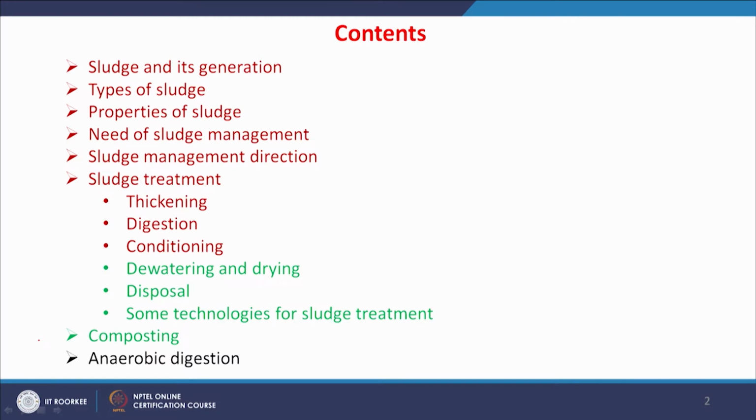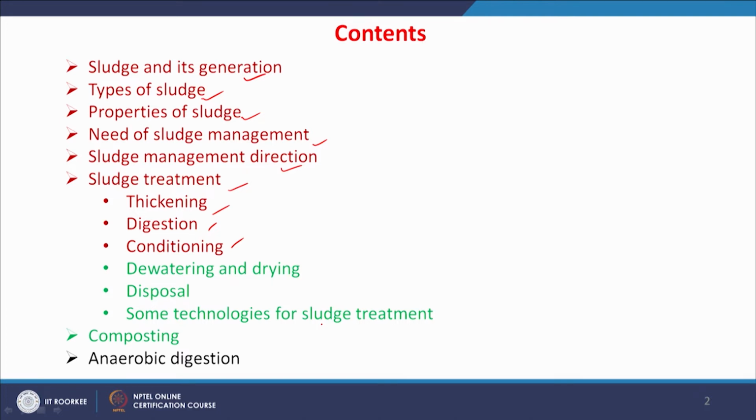In this class we will discuss sludge management, and we will have 3 classes on this topic. The contents are: sludge and its generation, types of sludge, properties of sludge, need of sludge management, sludge management direction, then sludge treatment, that includes thickening, digestion, conditioning, dewatering and drying, disposal, and some techniques for sludge treatment.